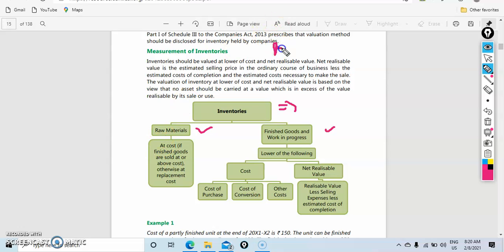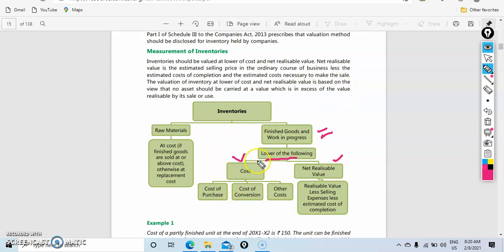For raw materials, we will value at cost or replacement cost. I will tell you what is cost and replacement cost. But before that, we have a common topic, finished goods and work in progress. First we will check cost or net realizable value. Whichever is lower we will take here.